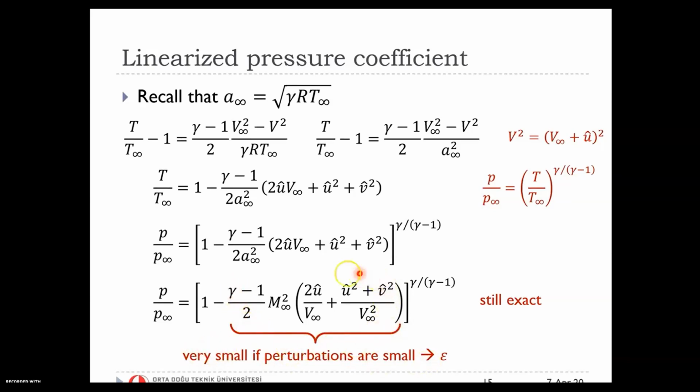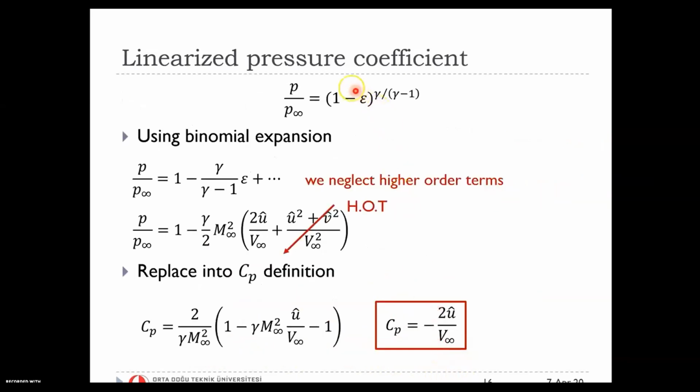So instead of this term, let's use the symbol epsilon, and then the P over P infinity equation can be represented in this simple way. Now let's use binomial expansion instead of this exact equation. In that case you will have some high order terms of epsilon, and because epsilon is already small, its powers are also quite small.